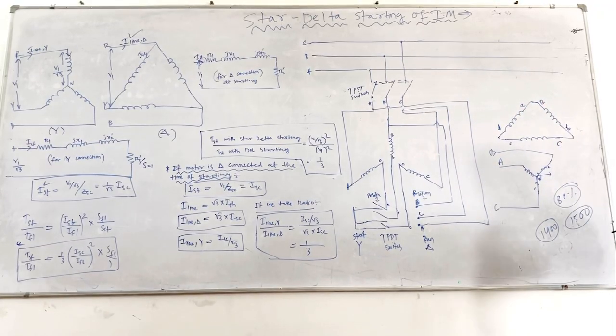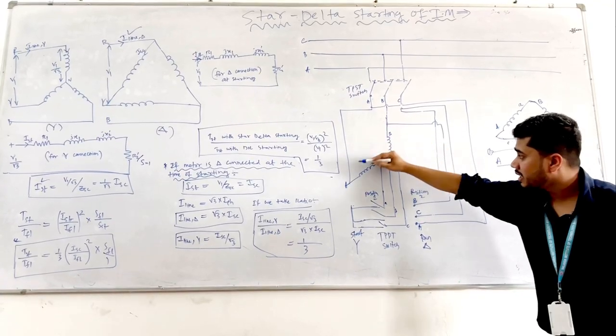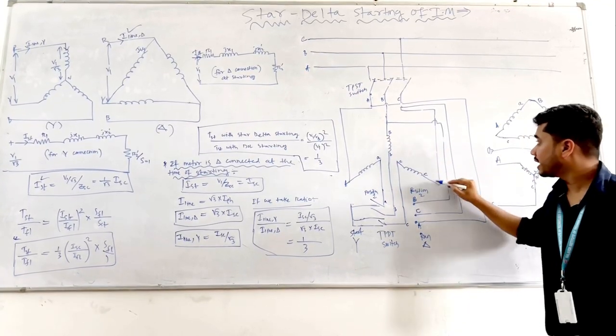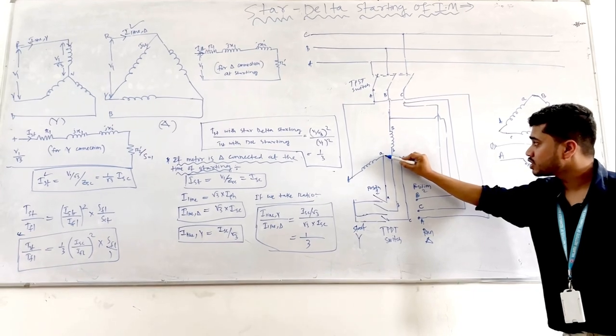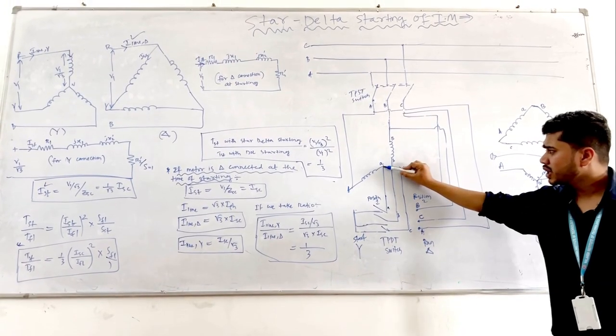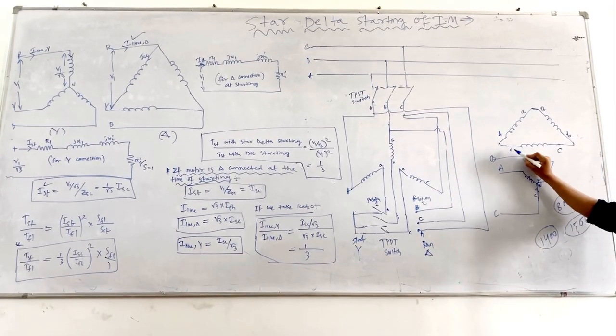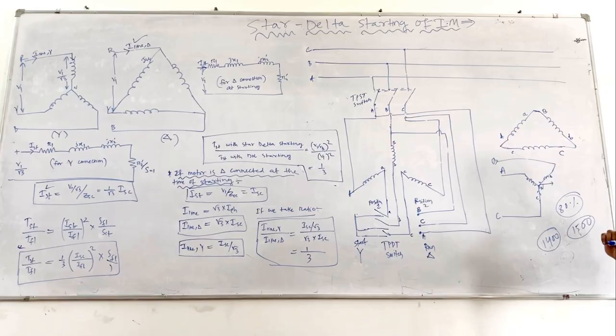Good. So the upper ends are capital B, capital A, and capital C. The lower ends are small a, small b, small c. Small a, you can choose to connect to small c or small b also. It is up to you.